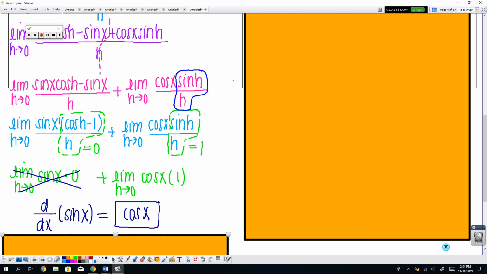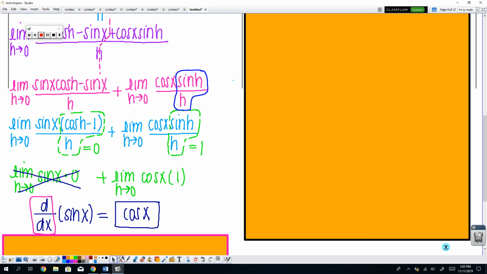So we have 0 plus cosine x, which means that the derivative of sine x is cosine x. And that's exactly what this says. This notation here just means derivative, d dx of sine x, okay?